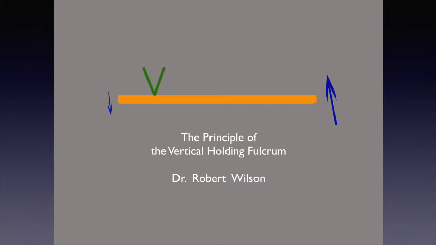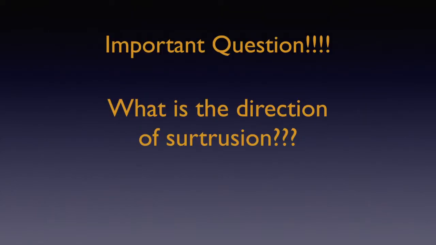As the occlusal interferences to surtrusion are eliminated, the condyle is rising upward and forward around the fulcrum as it rises toward the eminence. When we state that the condyle rises upward and forward during surtrusion, it is helpful to visualize the rotational components of this movement.